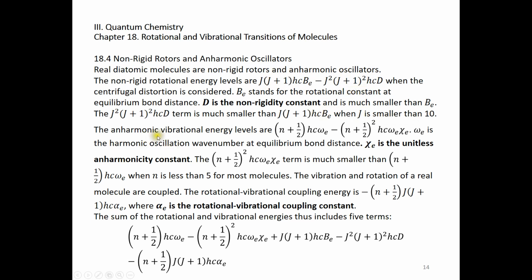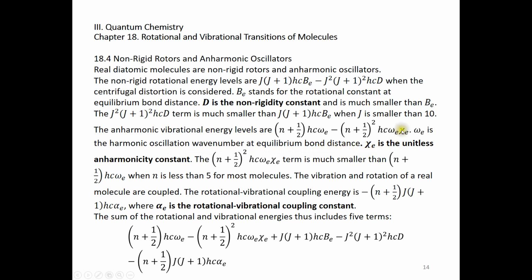The anharmonic vibrational energy levels are (n plus 1/2) hc omega_e minus (n plus 1/2) squared hc omega_e chi_e. Omega_e is the harmonic oscillation wave number at equilibrium bond distance.